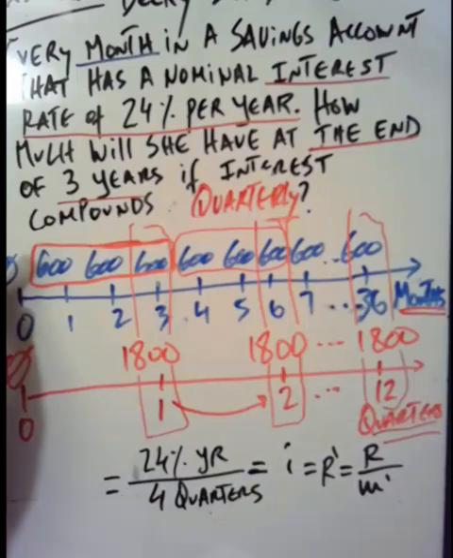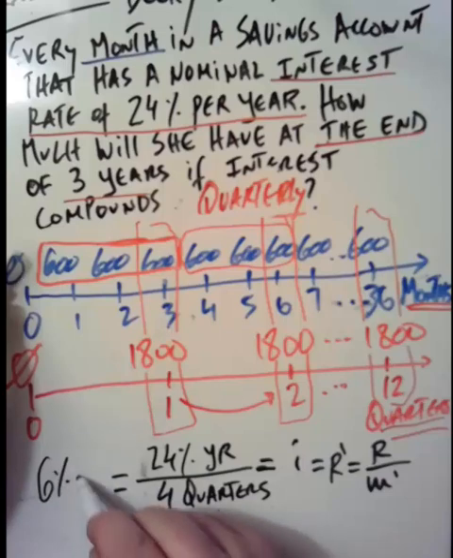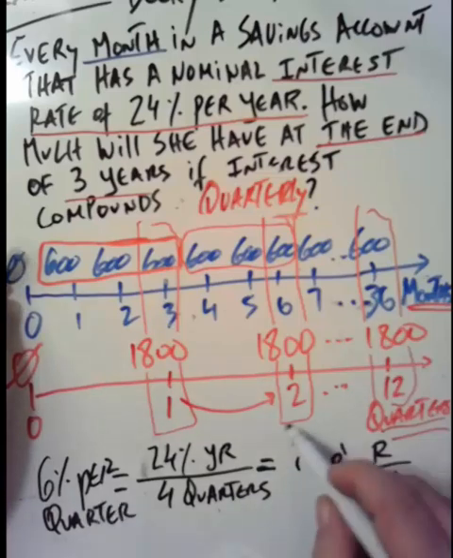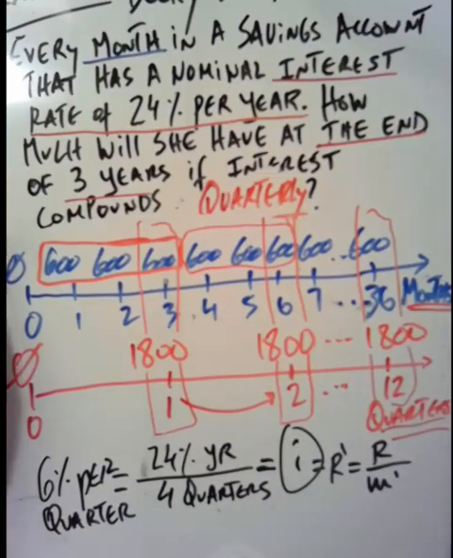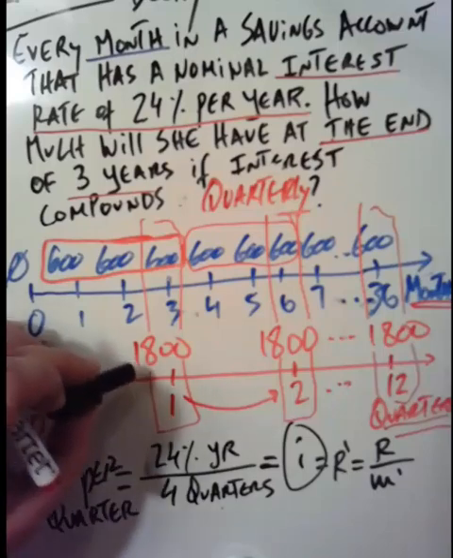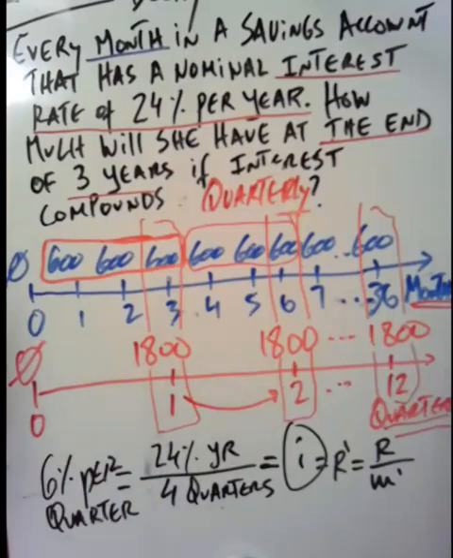So this means that we're going to have 6% per quarter as the proper interest rate to use in our computations. The interest rate per quarter, per the modified time frequency of the cash flows.